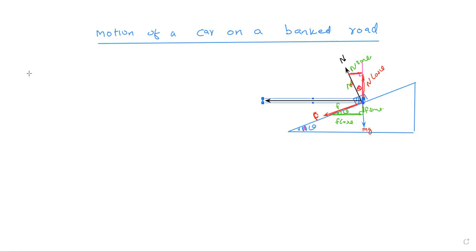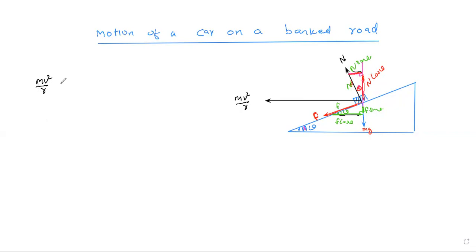Clear, right? Centripetal force means mv square by r. So the two components of this centripetal force: one component is N sin theta, and another one is F cos theta. So we can write this relation, mv square by r, that is the centripetal force.